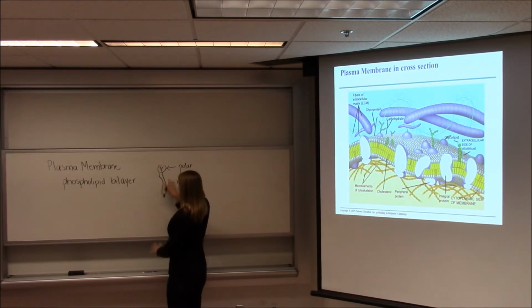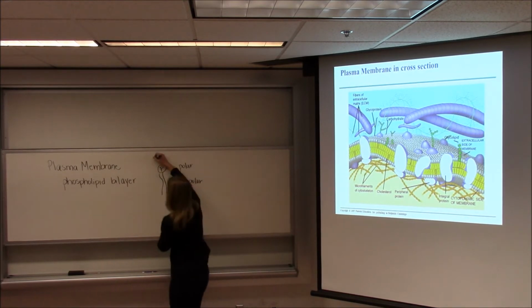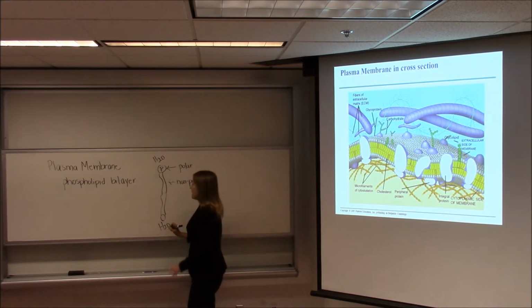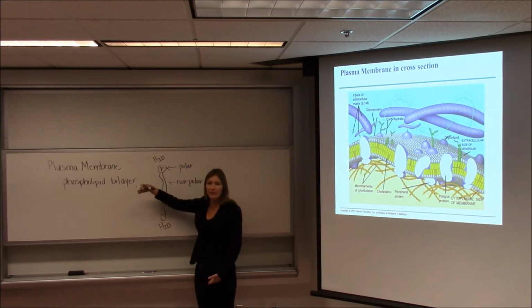So those nonpolar tails are repelled by water. So in a cell, when you have water out here and water inside the cell, those phospholipids are going to tend to form a bilayer. And remember, water forces this shape. So that's going to be a very important part of the plasma membrane.